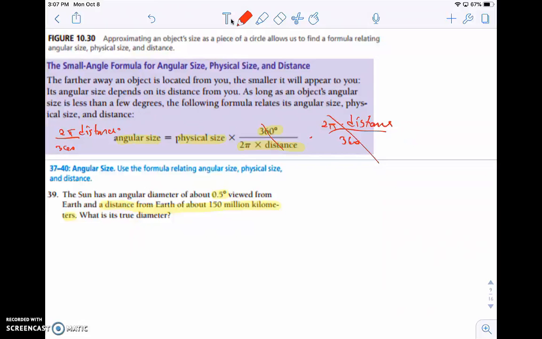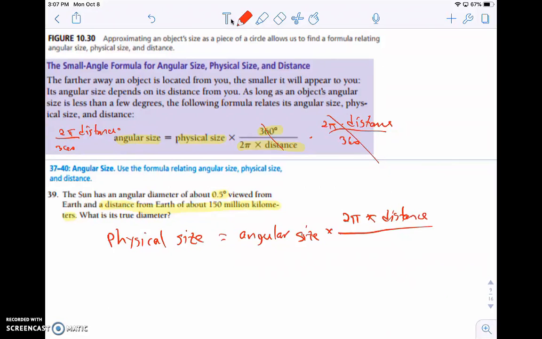In this case, we want to know the physical size of the sun. The physical size can be found by the angular size times 2 pi times the distance, all divided by 360 degrees.